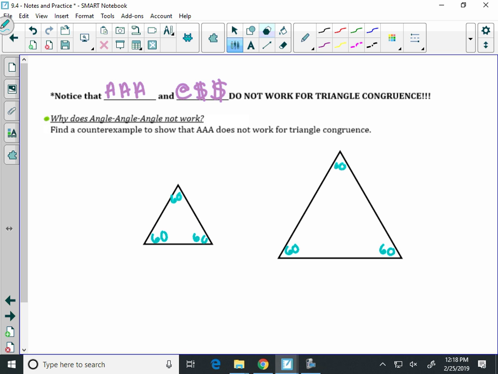Their angles are the same, but their sides aren't. So you can draw the diagram to show or write out that reason. That's why angle, angle, angle never works: you can have triangles where all the angles are the same, but that makes them similar. It doesn't necessarily make them congruent. So we can't use that. Questions over that?